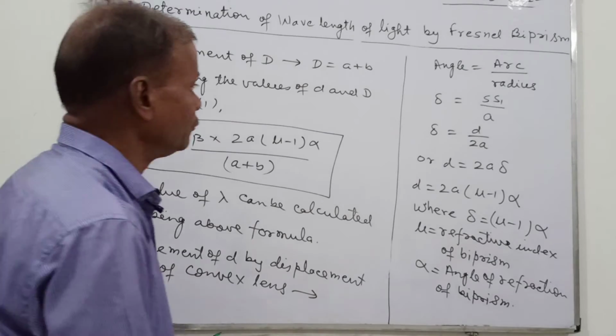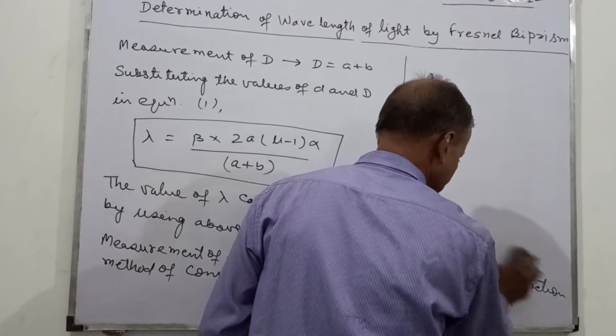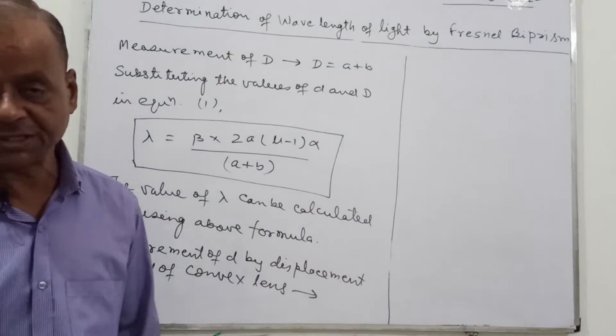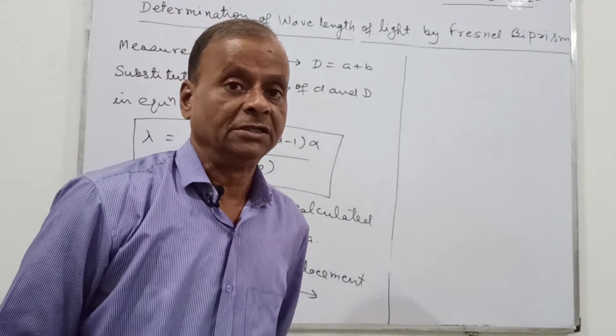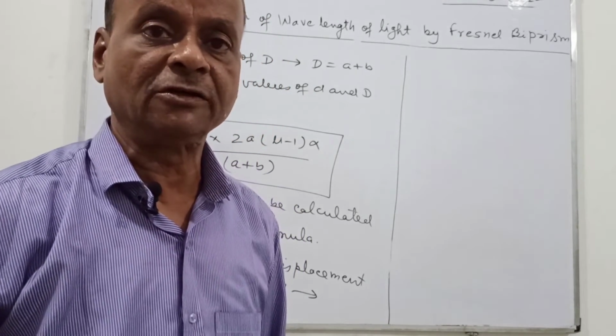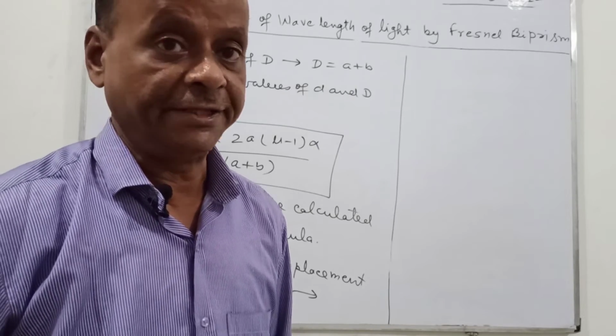So how can we calculate? For the displacement method, the distance capital D must be more than 4f, 4 times the focal length of the convex lens. Only then can we measure the distance d.